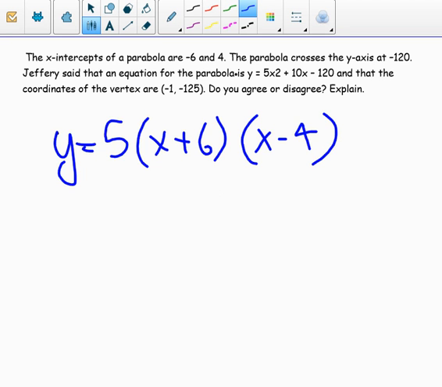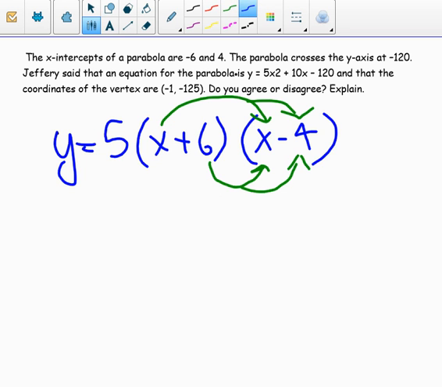Now we will bring this expression into a simplified, expanded version, as we did in the previous questions. So x times x, x times -4, and again 6 times x and 6 times -4.